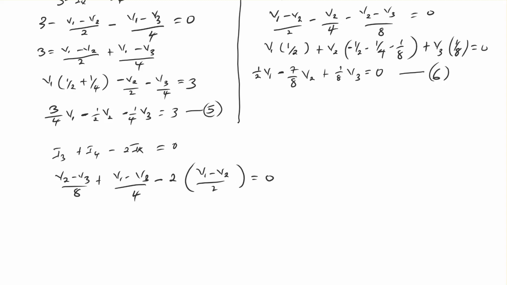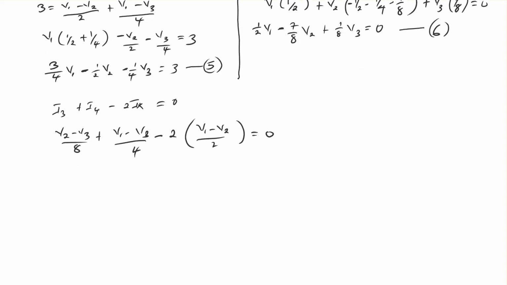So let's see what this will simplify to. I'm going to write all the V1s first. So V1, we have 1 over 4 from here. From here, we have minus 2 over 2. You see that because of this. And then we don't have any other V1. Then we have V2.